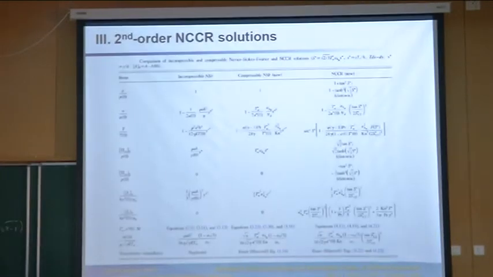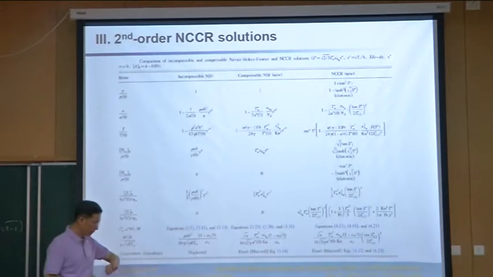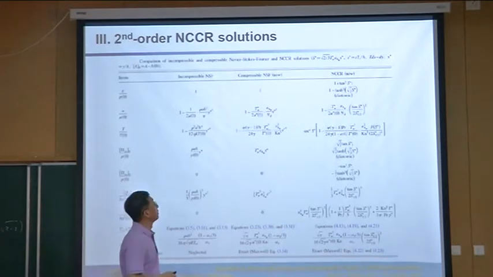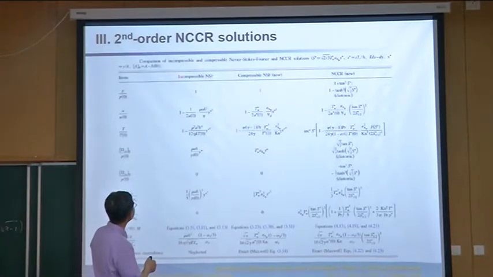So this is, of course, from the 2011 papers. We have the incompressible Navier-Stokes solution, the compressible Navier-Stokes solution, and NCCR. So all those previous figures are all about this, 1 plus tangent squared. In the case of diatomic gas, it's hyperbolic tangent.